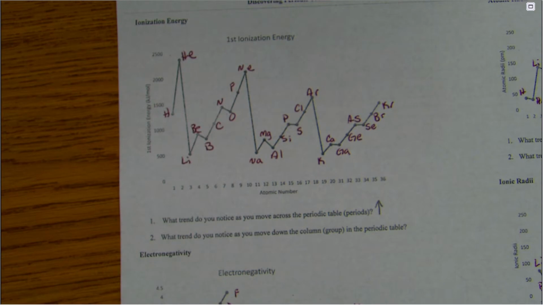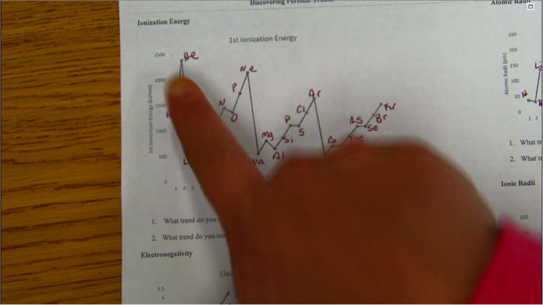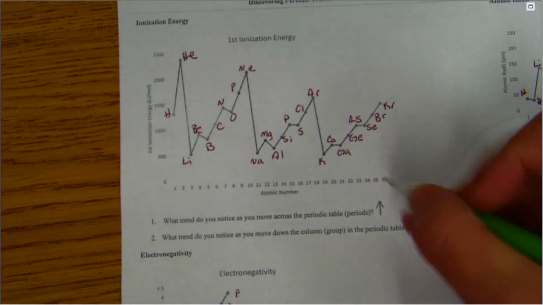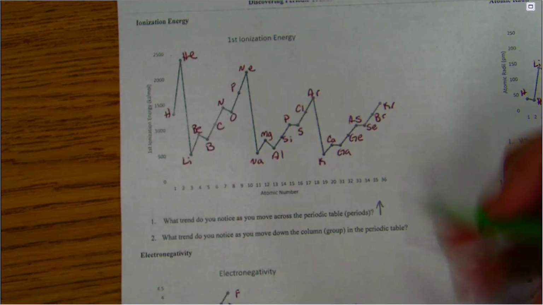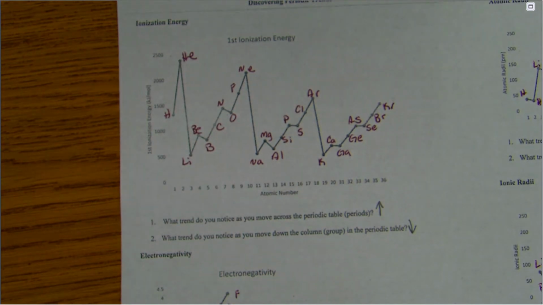What happens as we move down a group in the periodic table? As I move down a group, I see an overall decrease in ionization energy.